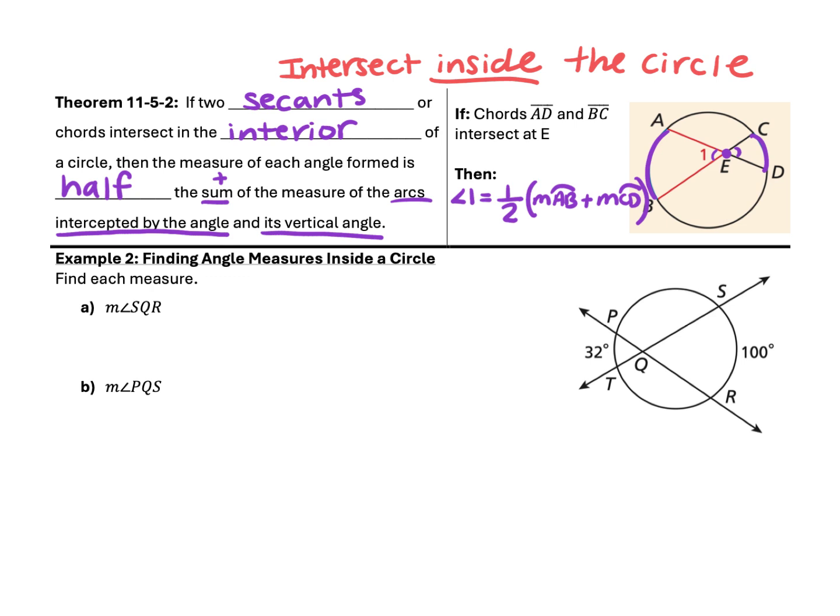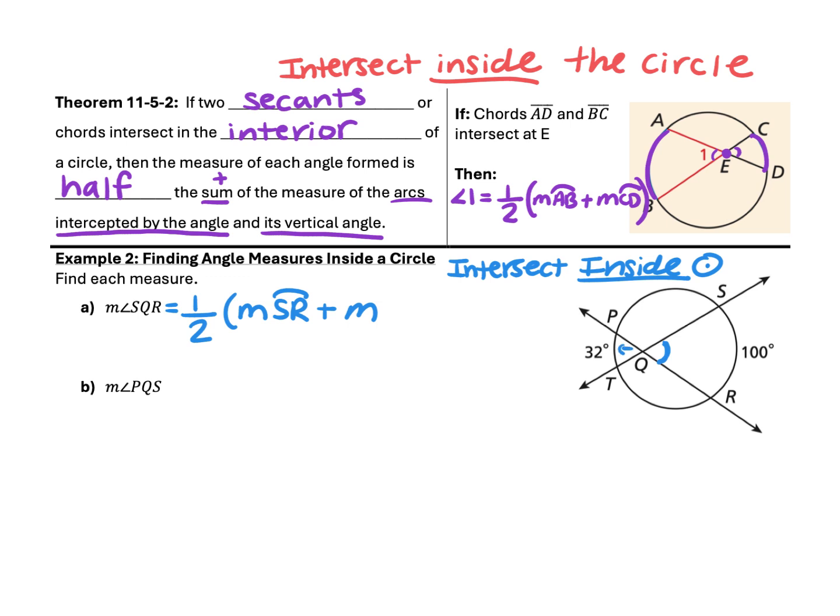As an example, look here, you can see that to find the measure of SQR, which again, we see where they intersect inside the circle, we can go ahead and say, well, the measure of SRQ is half the sum of the measure of its intercepted arc, which is arc SR, plus the measure of the arc of its vertical angle, which is going to be arc PT.